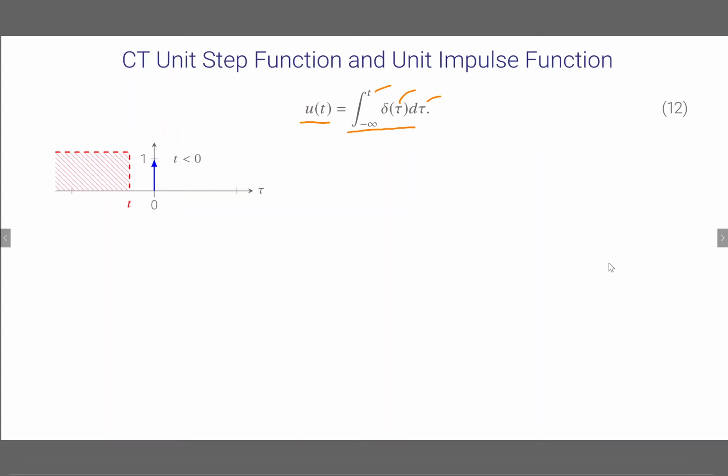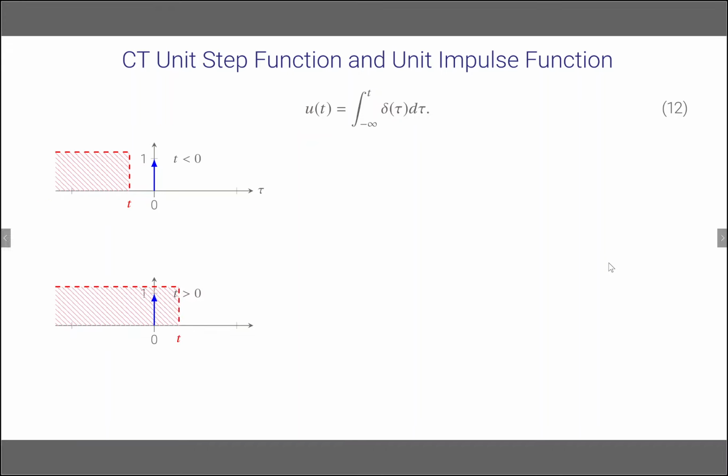We plot this delta(tau), taking the independent variable as tau, and now our t is less than 0 and our integration range is this one. So my delta is not captured there. So what is the integral of delta(tau)? It's 1, but here because of the domain of integration, delta(tau) is not captured. So therefore the integral is actually 0.